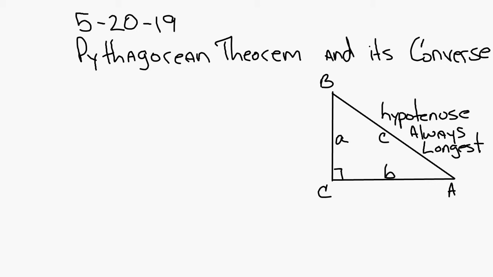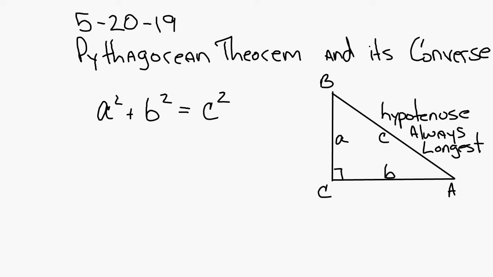The Pythagorean Theorem says that in a right triangle, side a squared plus side b squared is always equal to side c squared. Everybody all right with that? Very good. Anybody need to see an example?